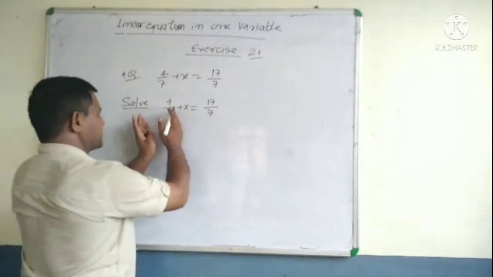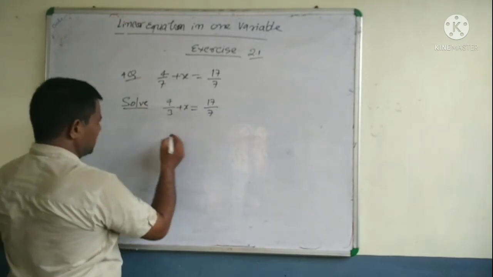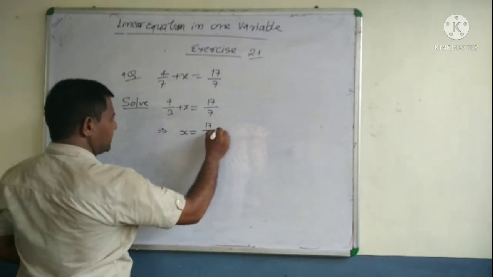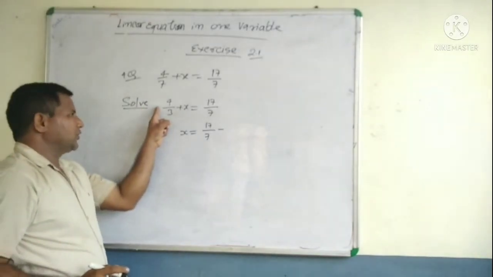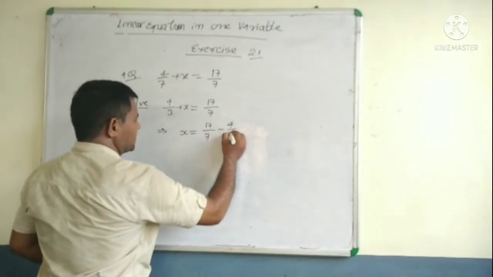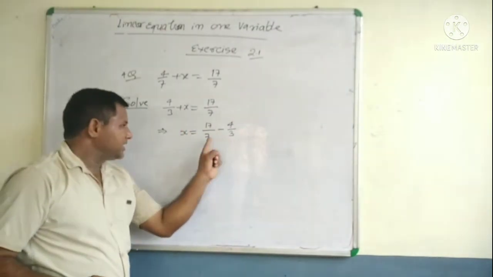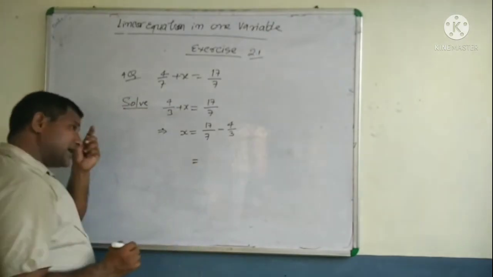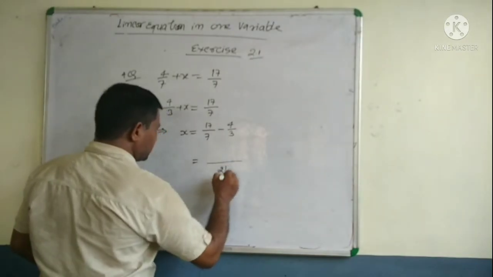So we transfer the constant term to the right side and the variable term remains on the left side. Here x equal to 17/7 minus 4/7, because here is the plus sign. When we transfer it to the right side, it becomes minus. Now we see that there is an unequal denominator, so we take the LCM of 7 and 3. It will be 21.